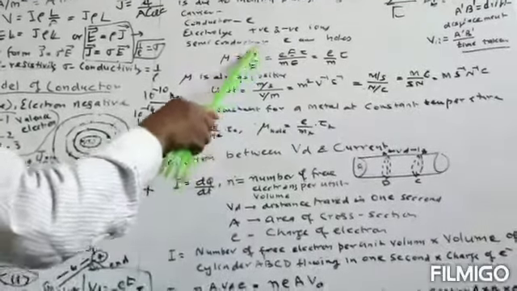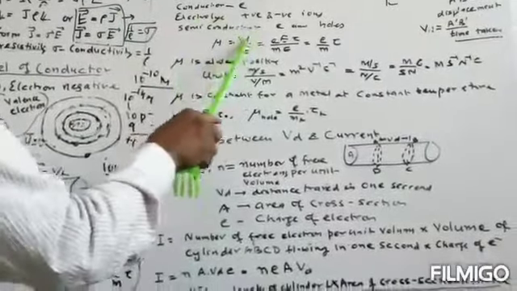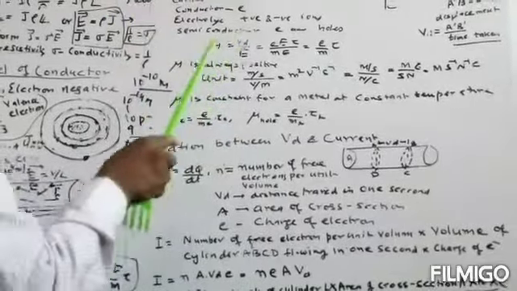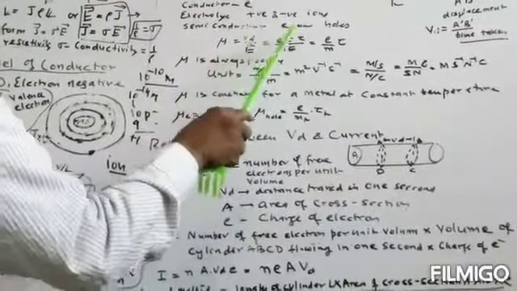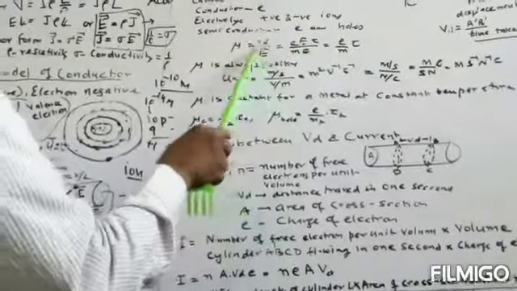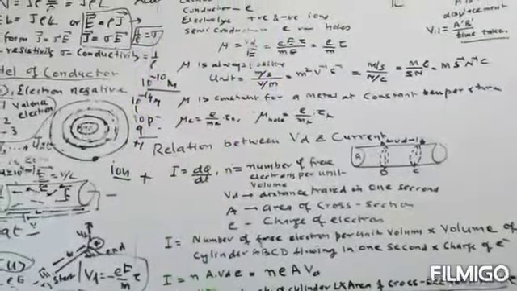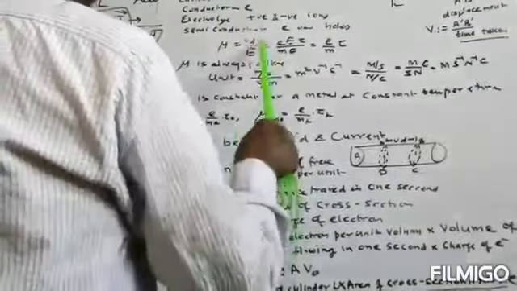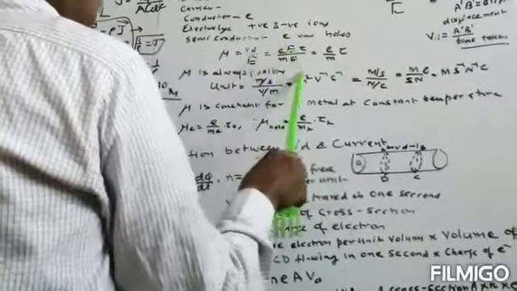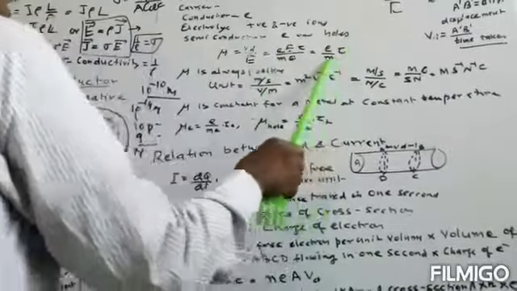Now we can put the value of Vd. Here we take only the positive value, meaning the magnitude of Vd, which is equal to small e, capital E, tau divided by m. Dividing by E, the E cancels, so mu is equal to small e tau divided by m.